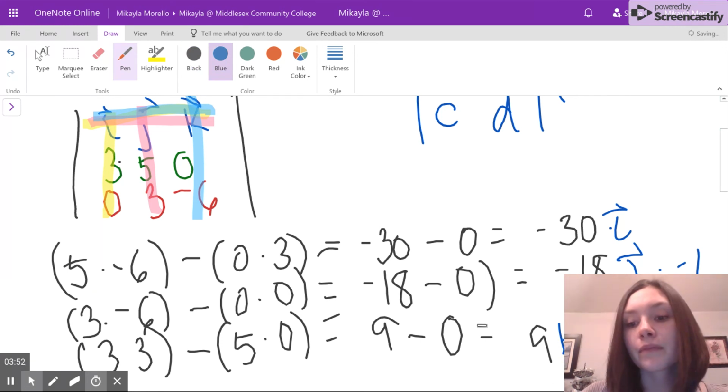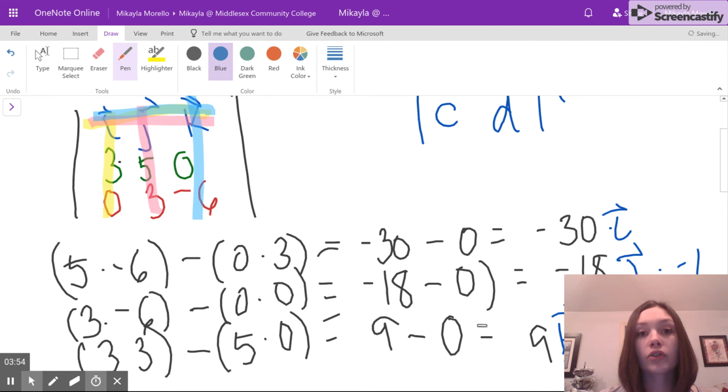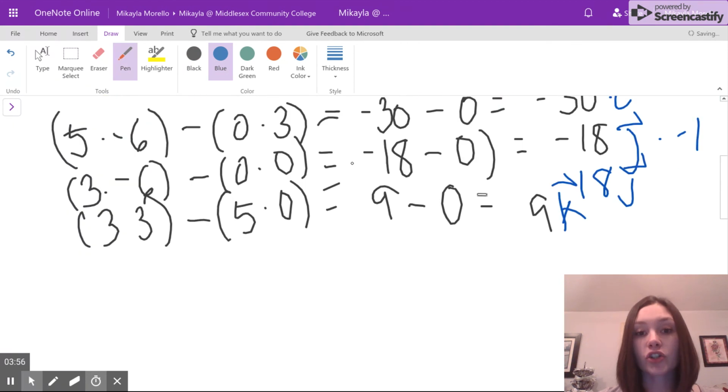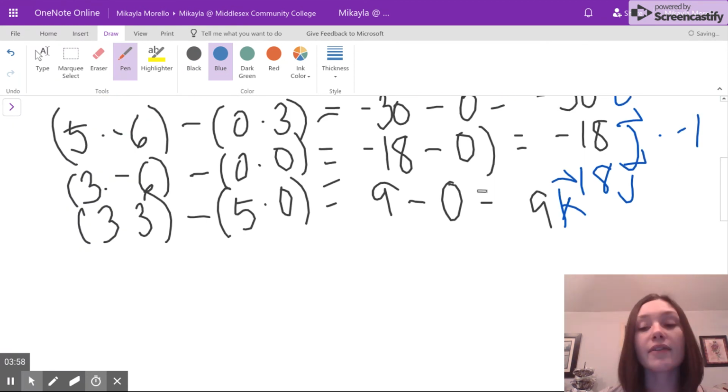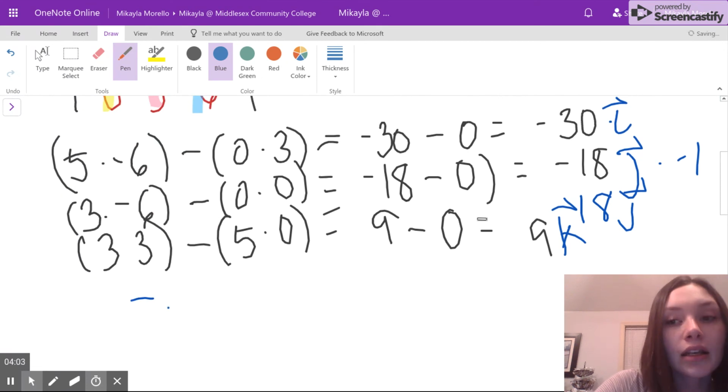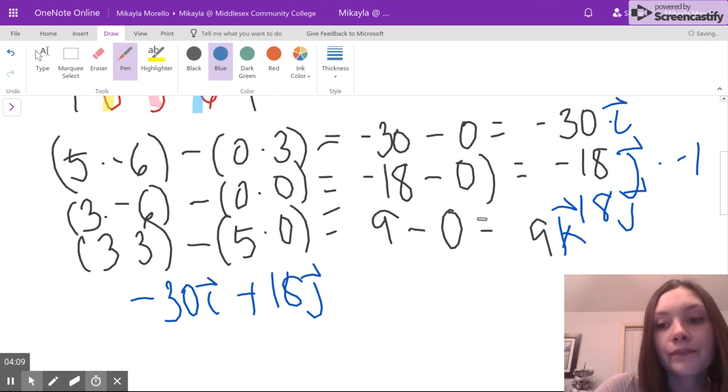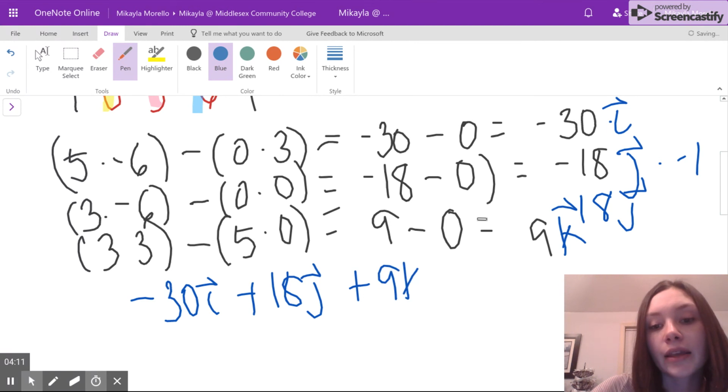Now, with our cross product, we have to put it in vector terms because our cross product is always a vector. So that gives us -30i plus 18j plus 9k.